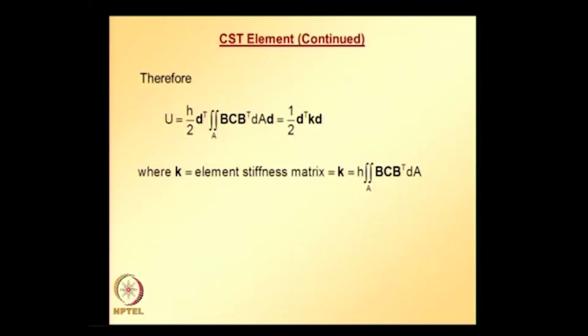And if you notice, the B matrix, that is the strain displacement matrix for this particular element, a 3 node linear triangular element, is a constant, it is not a function of spatial coordinates, and if the material properties are also not functions of spatial coordinates, then the C matrix can also be pulled out of the integral.